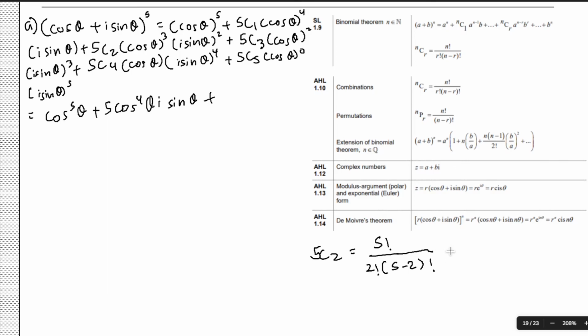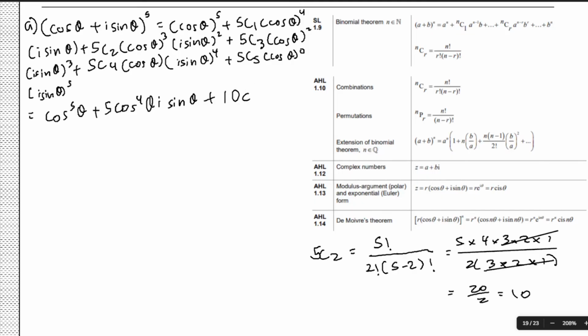And here we just need to put 5 times 4 times 3 times 2 times 1 over 2 times 3 times 2 times 1, and we just cancel this out here, and we would be left with 5 times 4 over 2, 20 over 2, which is 10. Then that is our 5c2, so we have 10 cos cubed theta i squared sin squared theta plus 5c3.